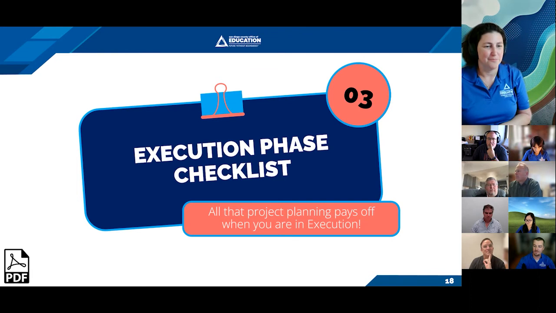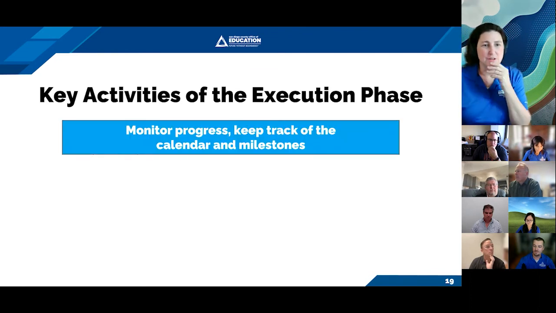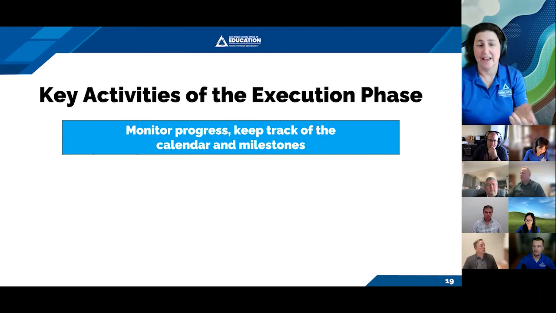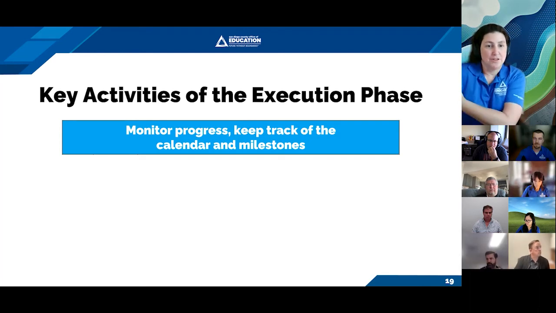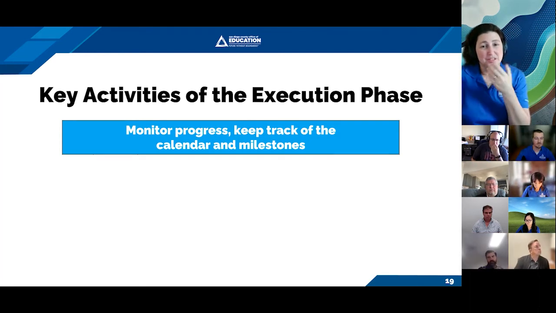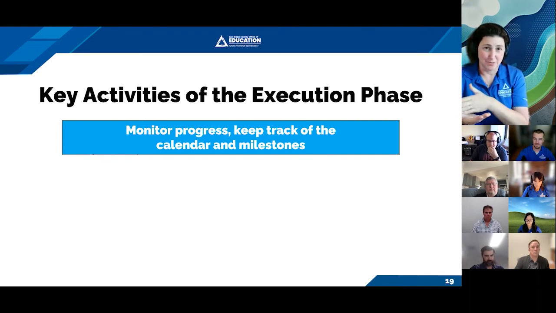So here we go. Okay, so in the key activities of the execution phase, we want to make sure we're monitoring progress and keeping track of that calendar and those milestones. So we want to monitor the project plan frequently. So this project plan is different than our project charter. A project plan is like the actual steps we're going to take to do this project.